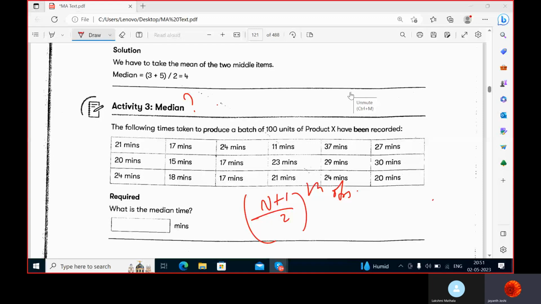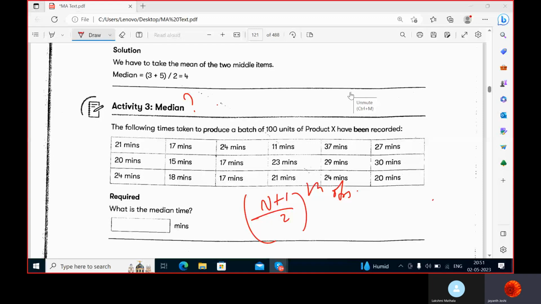Then 21. 21, how many times do we have? Only one time? Yes, sir. 20 we have taken 2 times, correct? And then 23. 21 we have taken. 23. 21 two times, no? Two times.